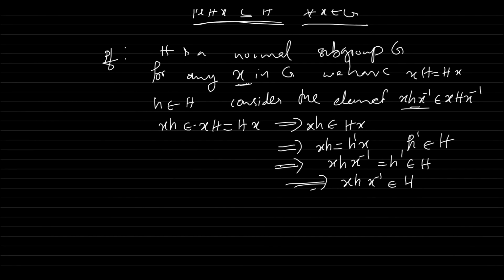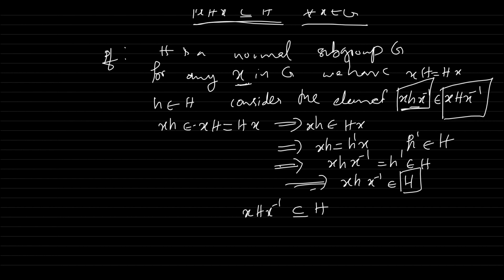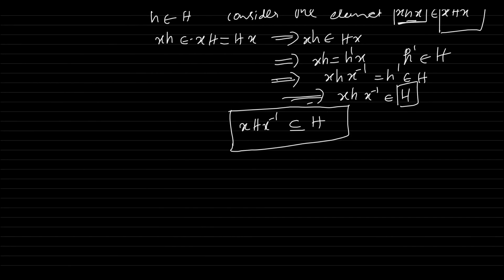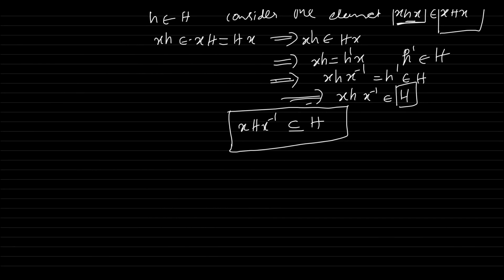So this implies that xhx inverse belongs to H. So any element xhx inverse in the set xHx inverse is in H. Therefore the set xHx inverse is contained in H. So we have proved that if H is a normal subgroup of G, then for any x in G, xHx inverse is contained in H. Next we need to prove that if for any x in G, xHx inverse is contained in H, then H is normal.